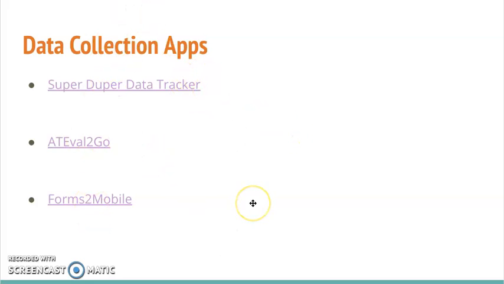But some of these are more specific for education, and some of them are more general data collection, so you might have to tweak what you've created a little bit more in the actual app, but definitely something to play around with, and it might make it easier or more efficient to collect that data if you're pretty tech savvy and into using apps.